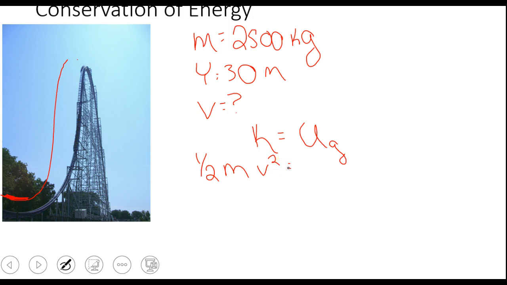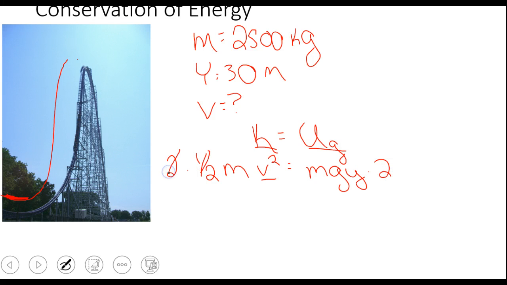And then the formula for gravitational potential energy is mgy. I am trying to find the velocity here, so I'm going to solve this out in terms of variables and get the velocity by itself. I'm going to multiply both sides by 2.